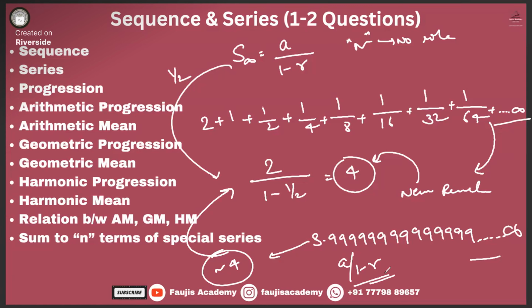Clear, boys? Is it clear? Just forget all this, it's not required. The only thing I'm telling you is that the formula for the sum to infinite terms of a GP is A by 1 minus R. That's it.